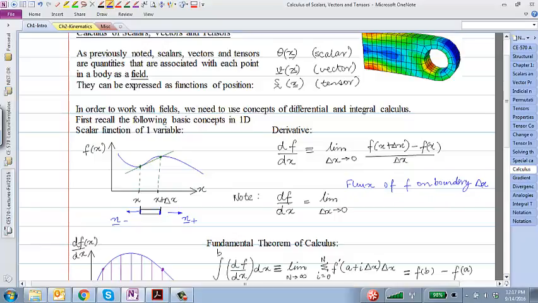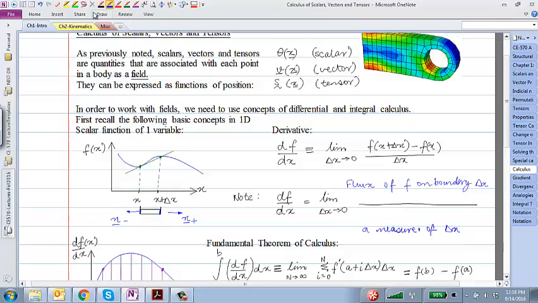What do I mean by that? The flux of f on the boundary of delta x, all divided by a measure of delta x.